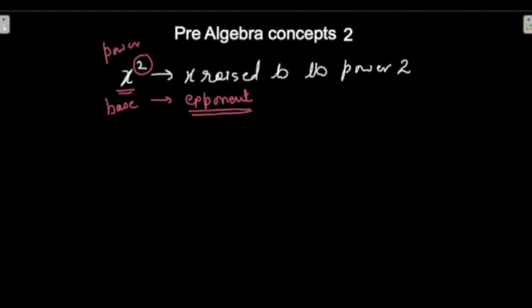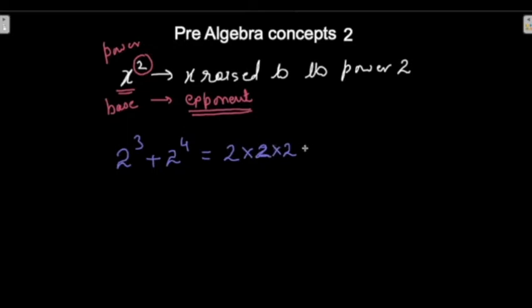Now, let's say we have a number 2 raised to power 3, and this is getting added with 2 raised to power 4. Now, what this actually means is that 2 is getting multiplied by itself 3 times. It is actually 2, not z.